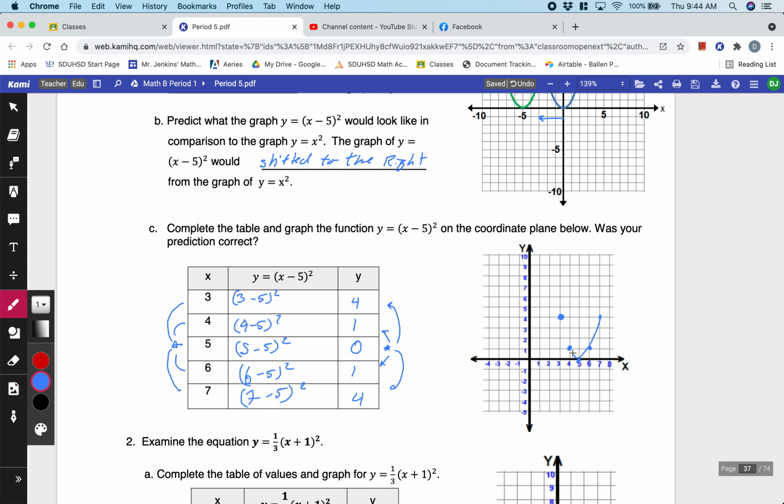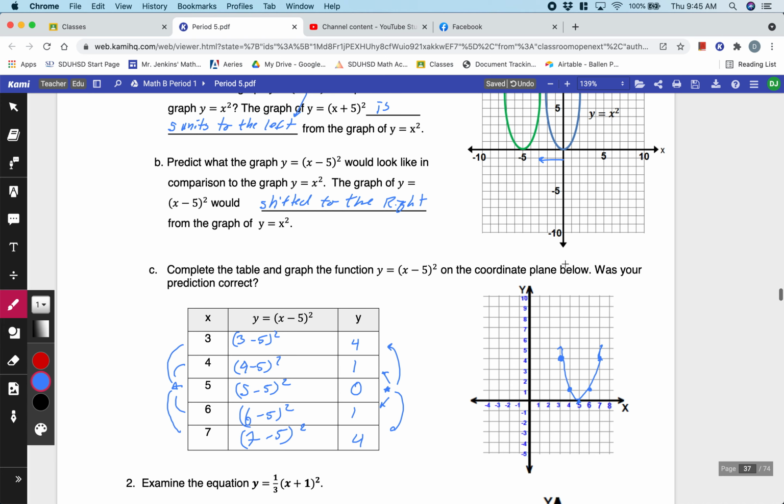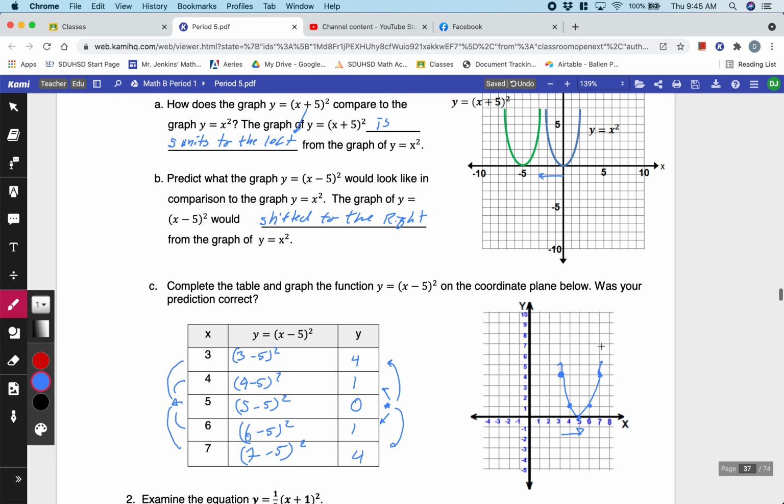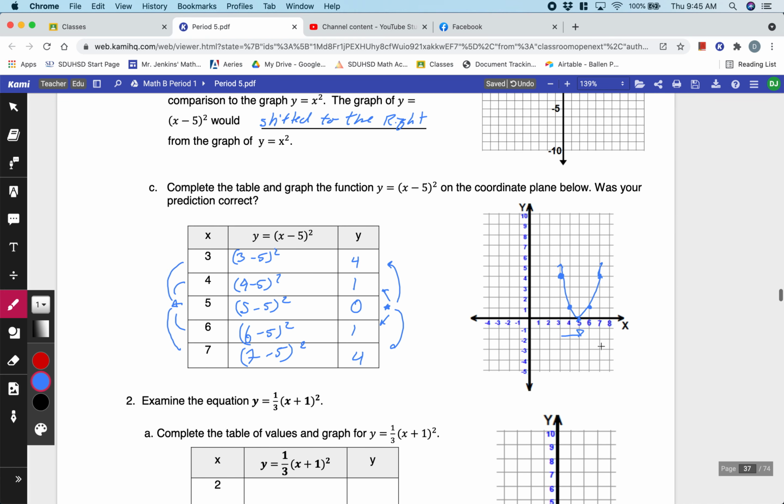And when you look at this, you can tell that our graph was shifted over 4 units. So our prediction was correct.